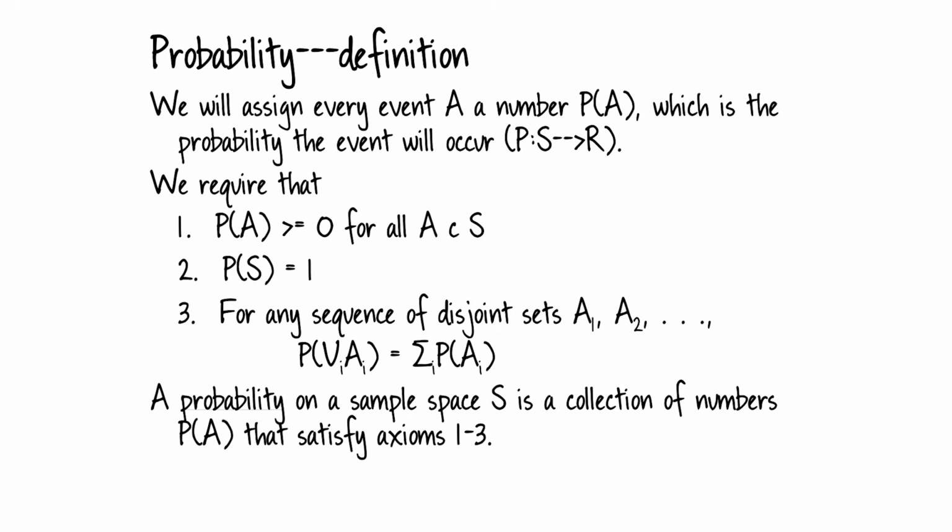Is this union and summation notation familiar to most of you? It's important to point out that this function P, this probability, isn't necessarily a unique object.